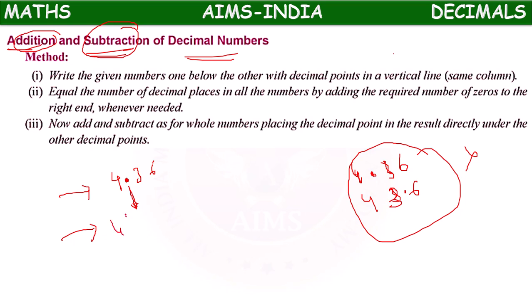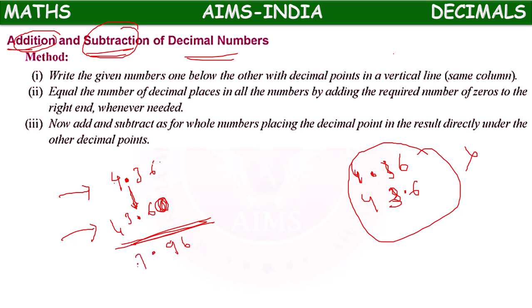So 43.6, like this. For both numbers, the decimal point should be in a vertical line. Then only we can add them. Here, according to the property we have learned, we can keep 0. So 6 plus 0, 6. 3 plus 6, 9. Point downside, point.